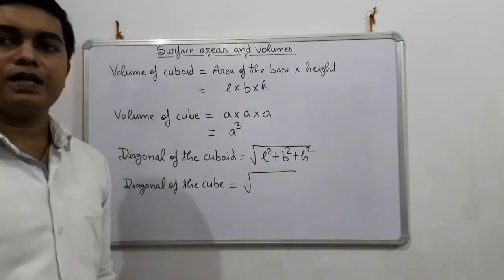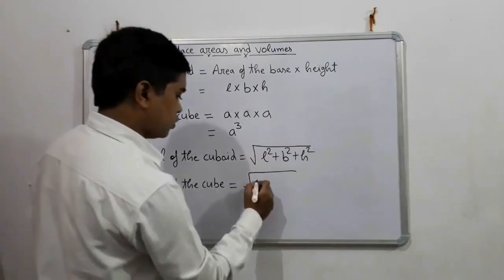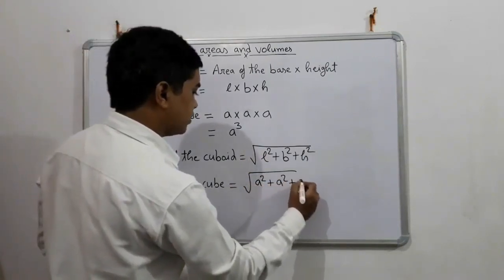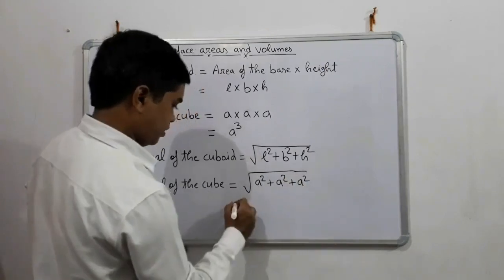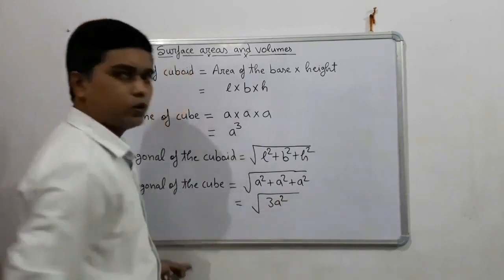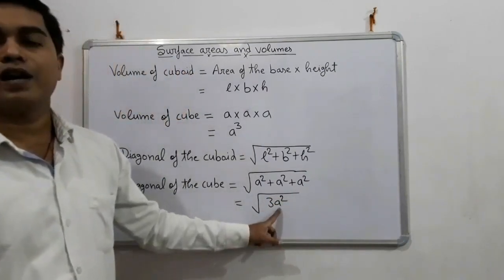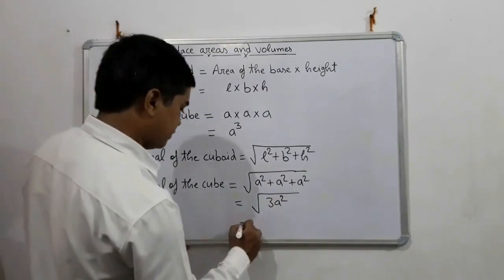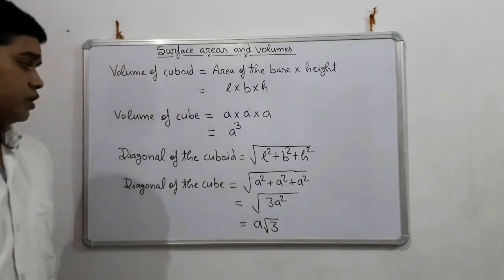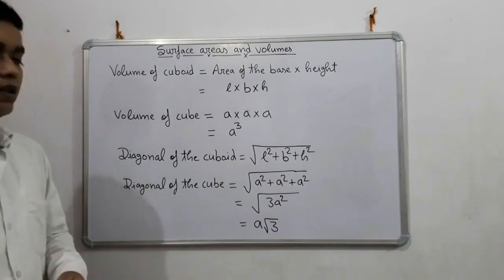Put L, B and H equal to A. So what will we get? A square plus A square plus A square. So you will get 3A square inside the square root. Now see, here you have a square, so we can write A root 3. Okay. So this is the formula for finding the diagonal of a cube.